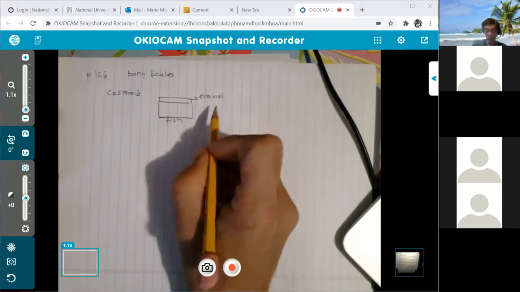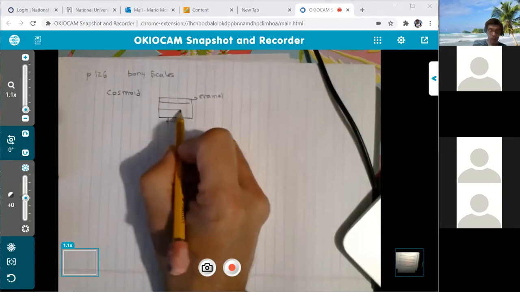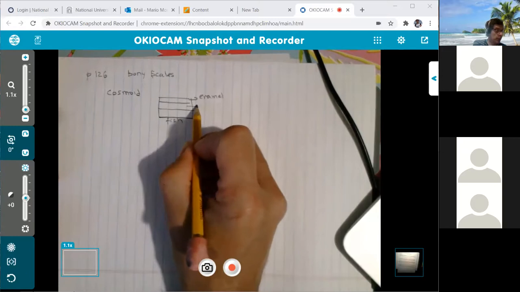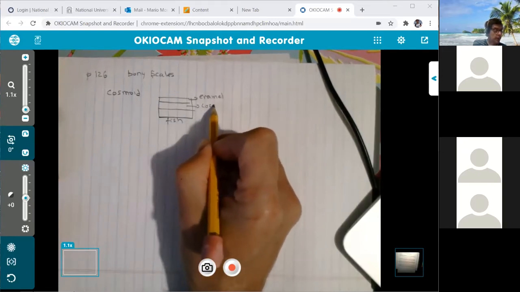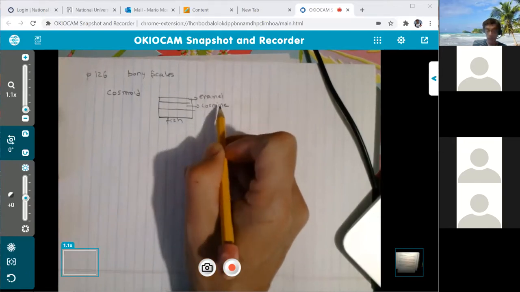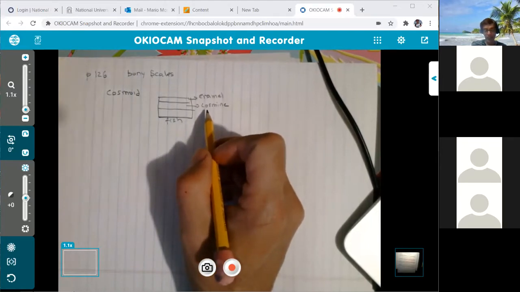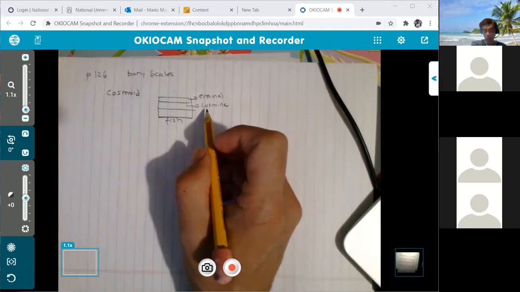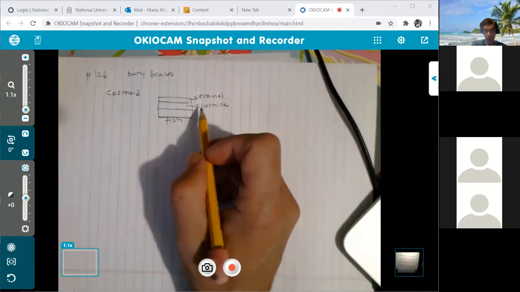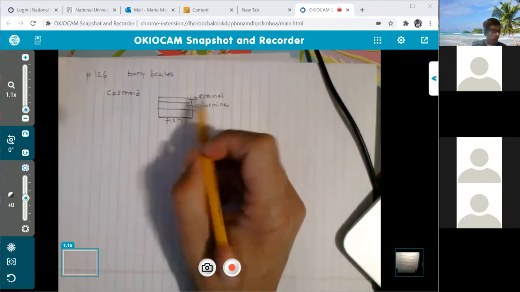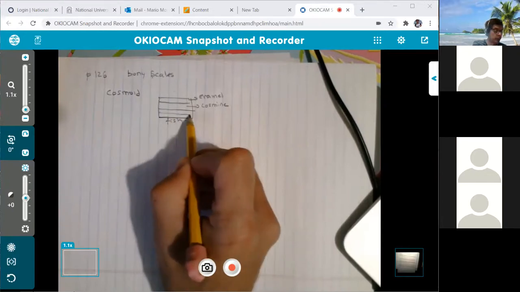Then they have this layer where the name comes from, cosmin, which is like dentine. And then they have the type of bone. The 2 layers here are bone.